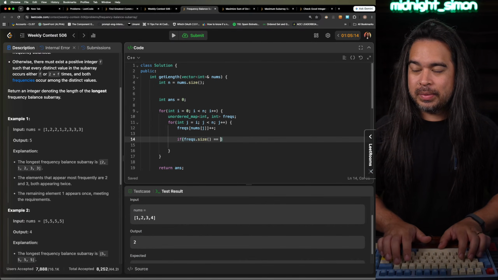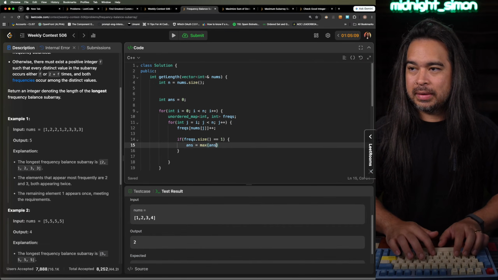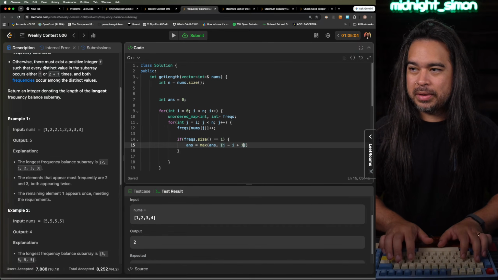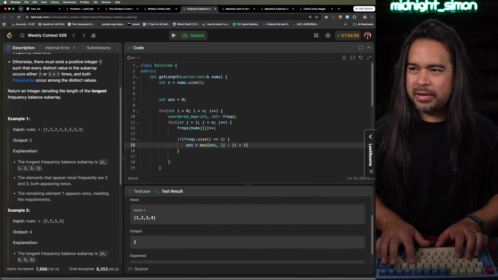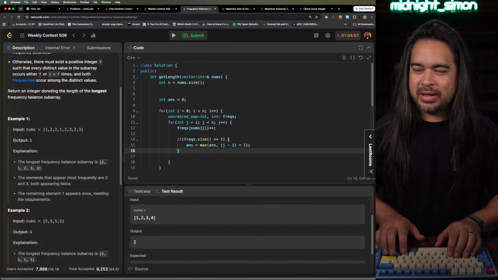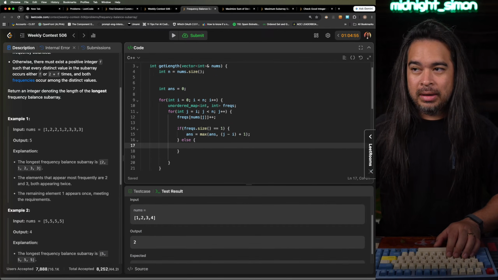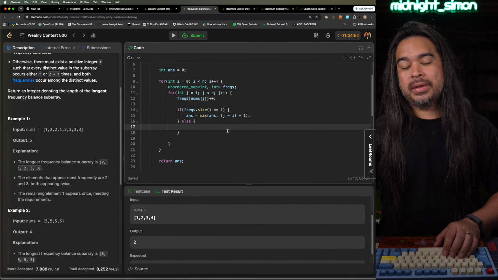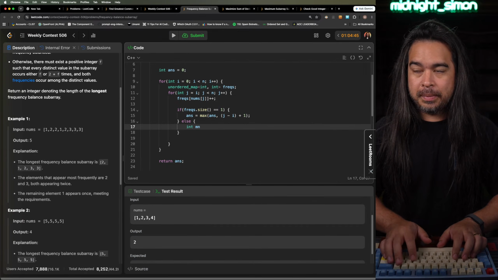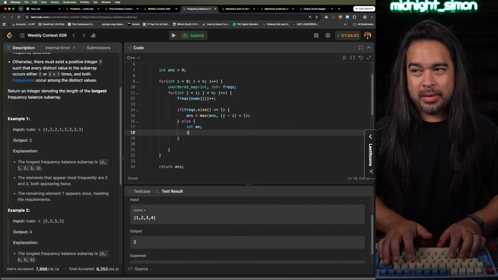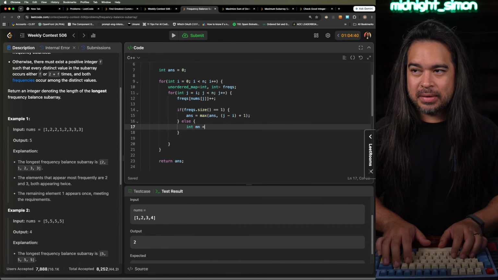So if the size is 1, then it's just one size. It's j minus i plus 1. I don't even know if I need those parentheses, man. I'm just putting them in there just in case. All right, so if it's not 1, then we gotta make sure that the mins and the maxes are in there.